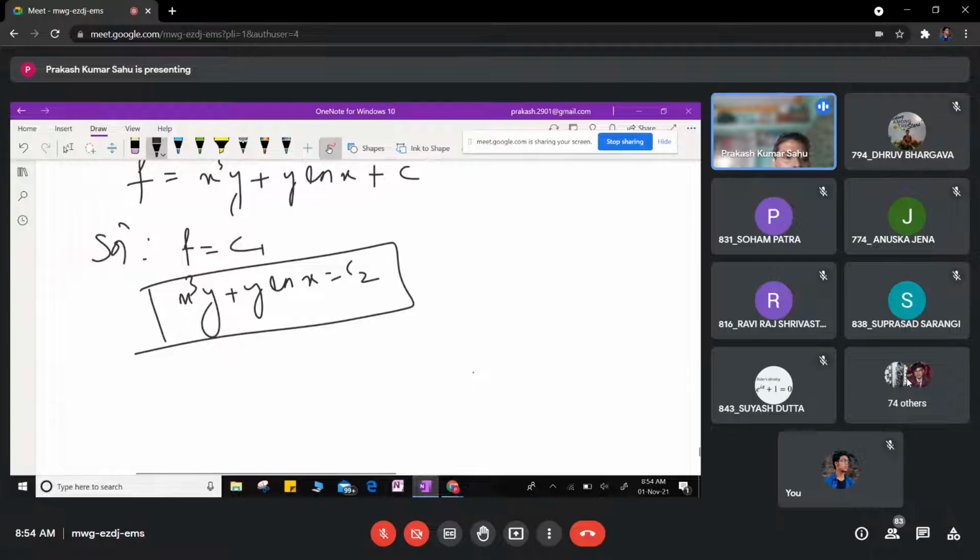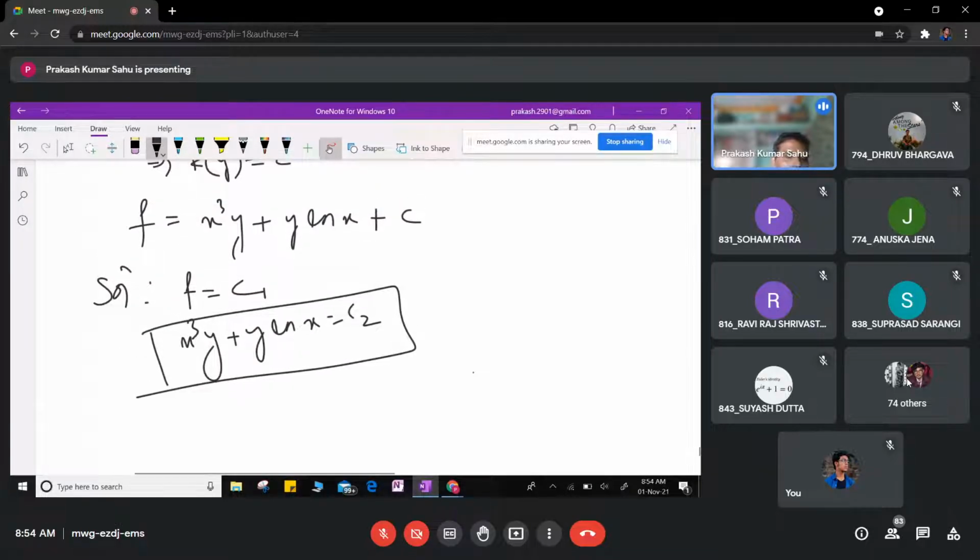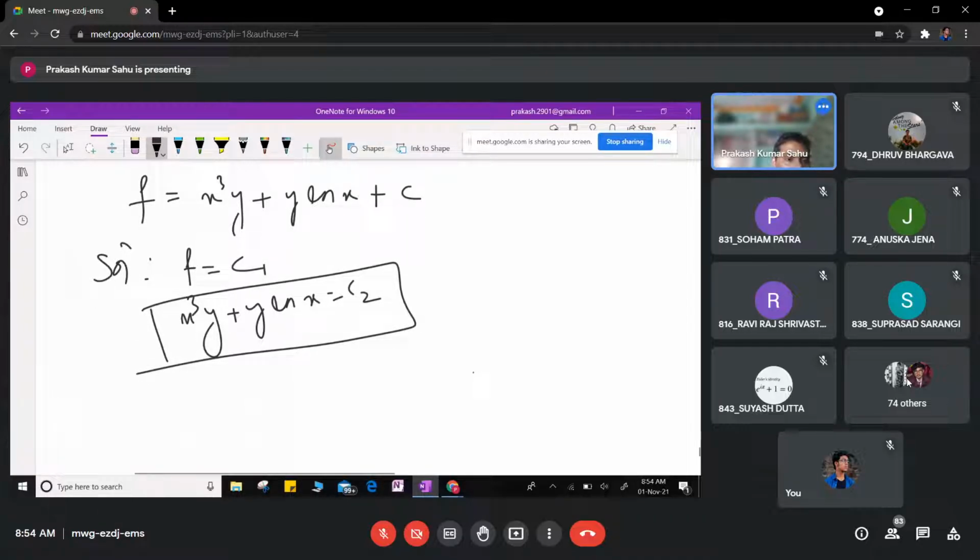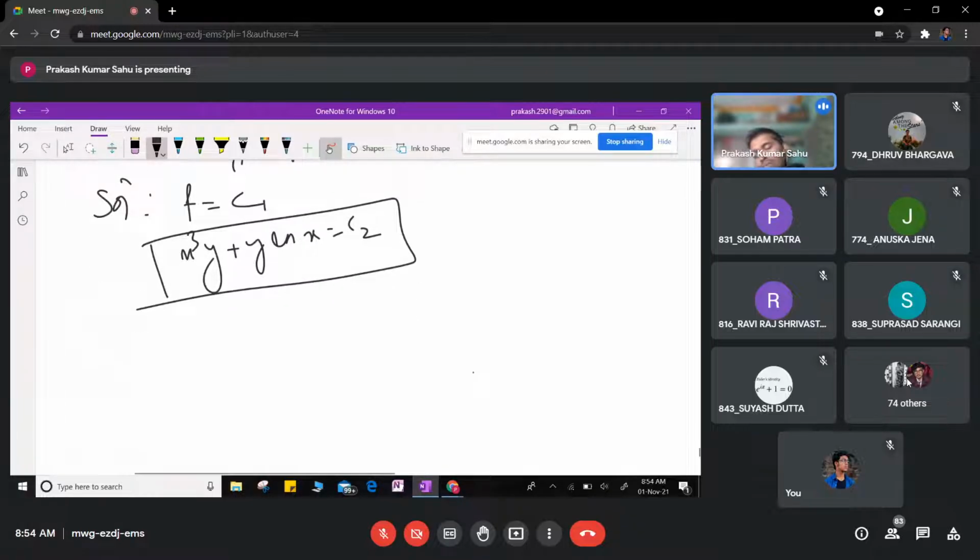Okay, so this is your solution, that is x cube y plus y ln x is equal to c2. This is your solution. And also another shortcut is there, and that shortcut is what? This shortcut is coming from this method also.